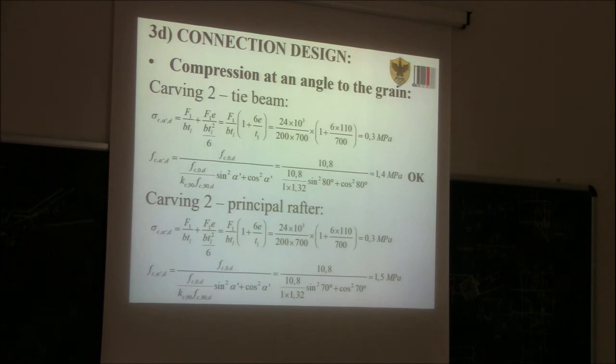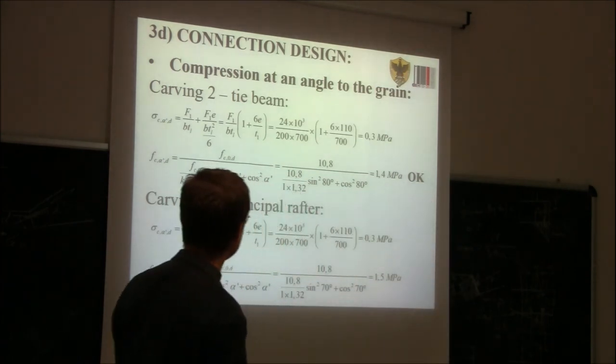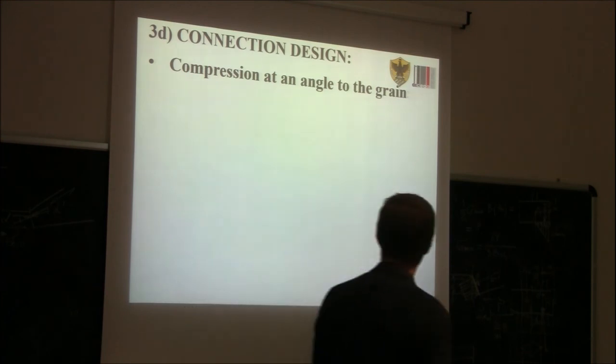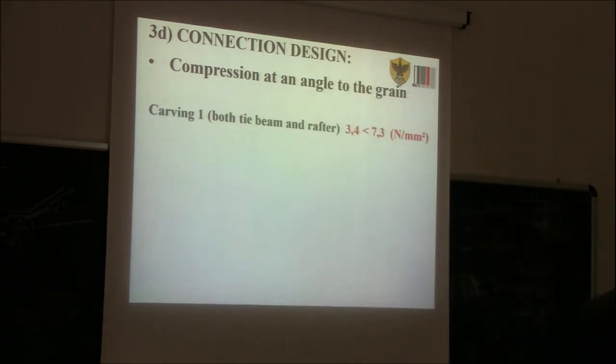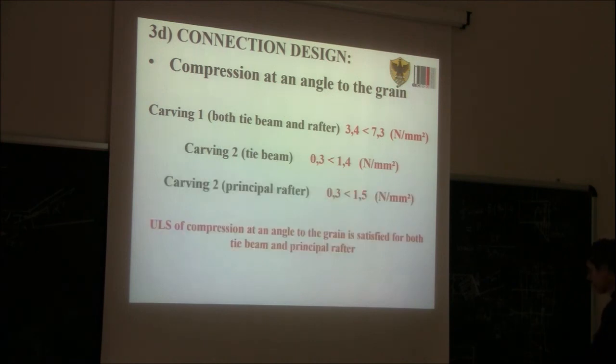Because as you can see here, the alpha is slightly smaller, 70 degrees rather than 80 degrees. So also in this case, you see that the verification is satisfied. So this is the summary of all the ultimate limit state verification in carving 1, both tie beam and rafter, carving 2 tie beam, carving 2 principal rafter. Okay?